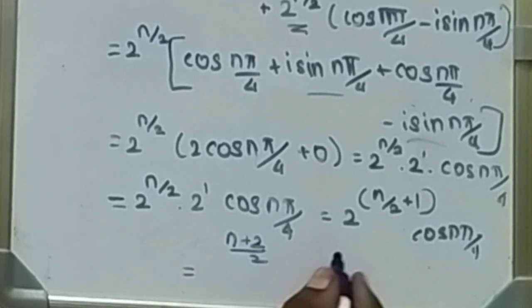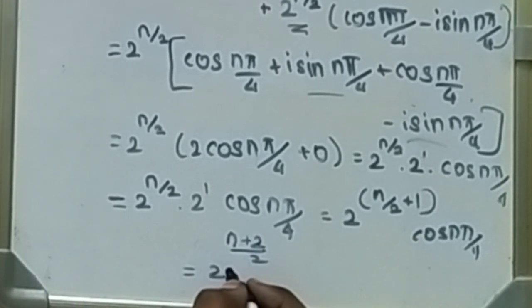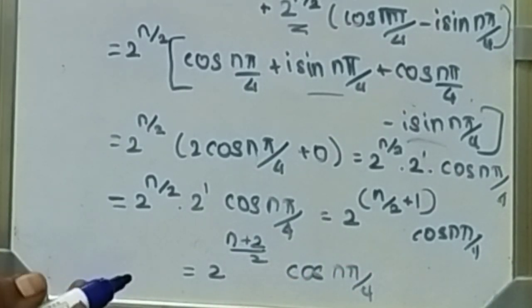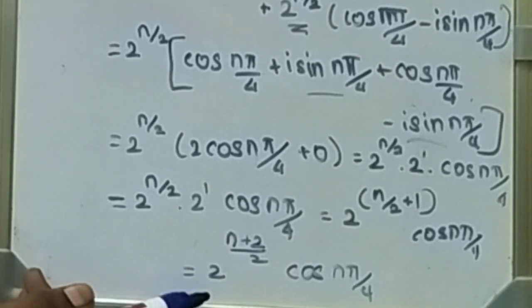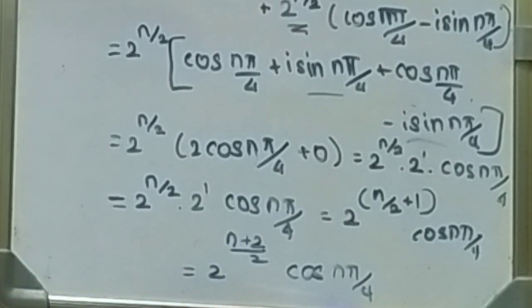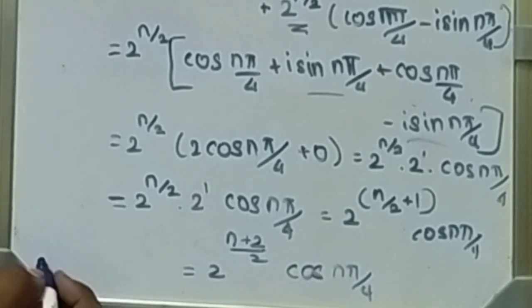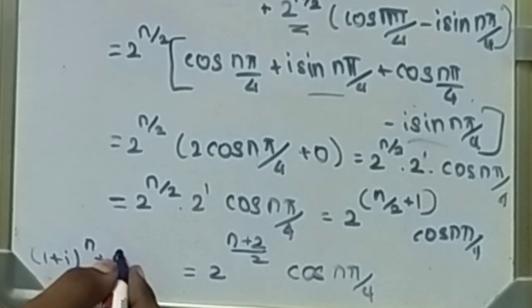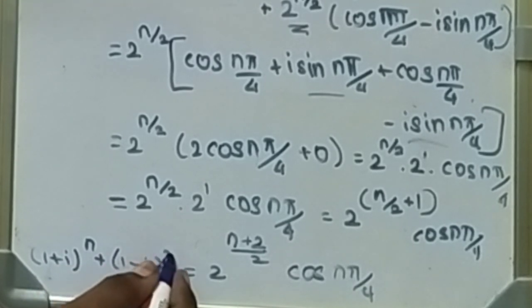This is the power of 2, right? So here cos n pi by 4. So we have 2 power n plus 2 by 2 cos n pi by 4. So this is the value of 1 plus i power n plus 1 minus i power n.